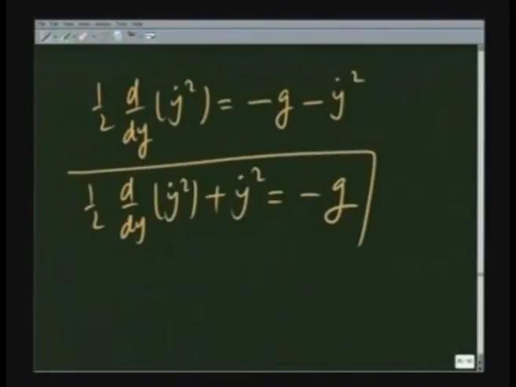So 1/2 d over dy y dot square plus k over m y dot square equals minus g. I can solve for y dot square directly in terms of y.